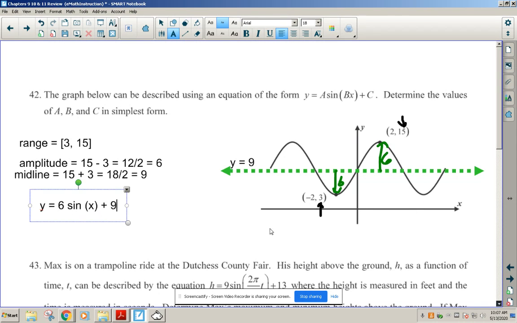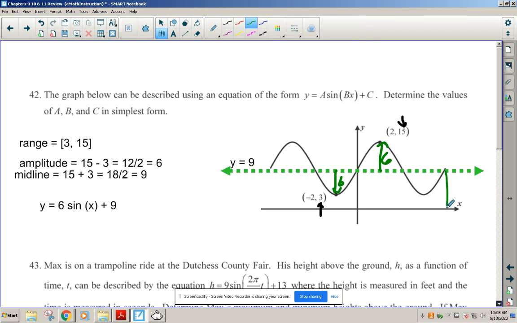So again, since there's nothing labeled, I am going to call this 360 for one full rotation, and I'm going to call this negative 360 for a full rotation.